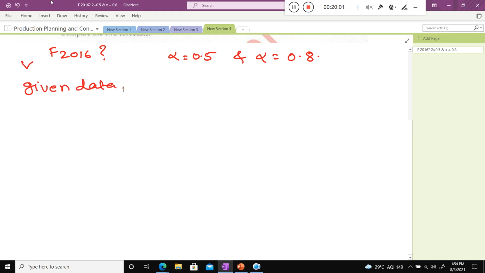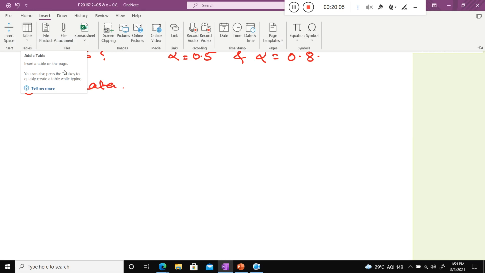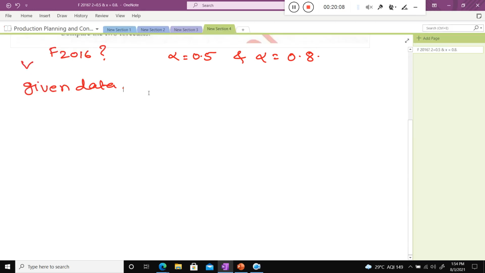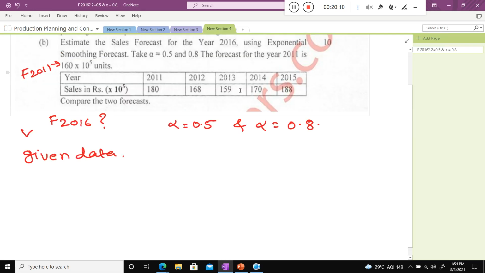I will just insert the table. What is the number? Just wait. 1, 2, 3, 4, 5, and one more is 6, 6 plus 7. So 7 rows are needed.